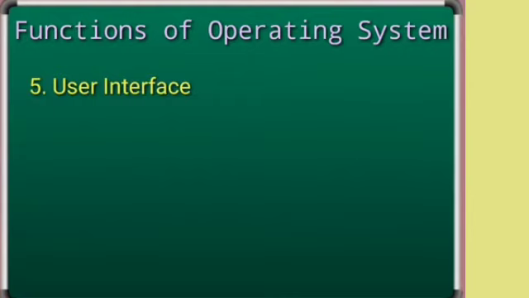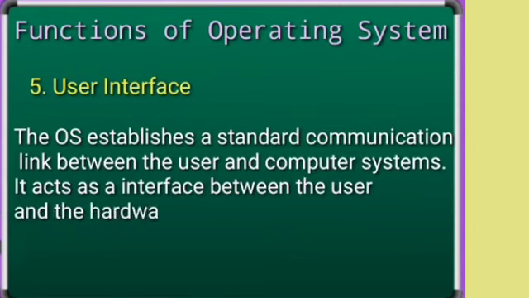The last function of the operating system is the user interface. It is helpful for establishing communication between the user and the hardware devices of the computer. It provides a user interface and a set of commands that can help the user control the hardware devices of the computer.